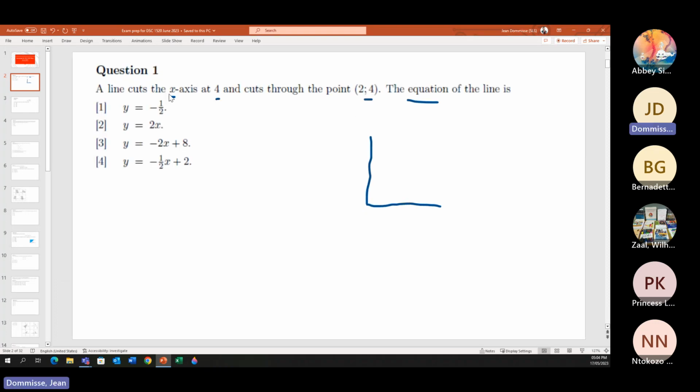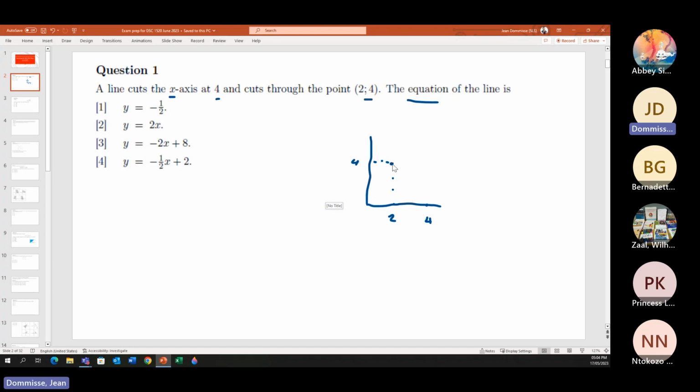First it says it cuts the x-axis at 4, and then it goes through the point (2, 4), so somewhere there.